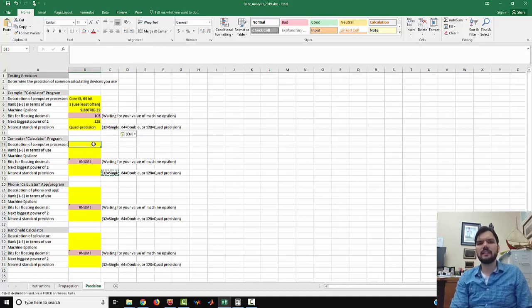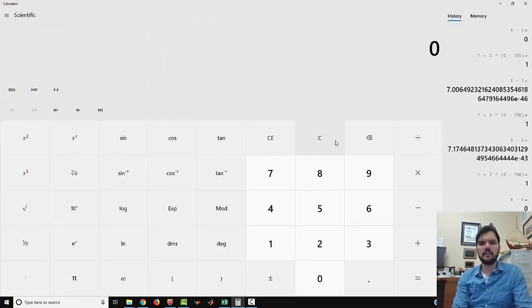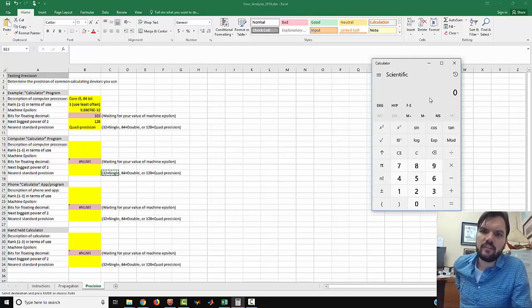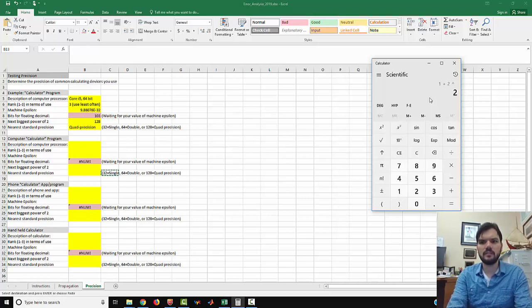Instead of just plugging in arbitrary values, let's try powers of 2. So let me pull up a calculator here. I use a scientific calculator so I have easy access to the caret button to do powers. I'm going to start with 1 plus 2 to the, now let's jump ahead a little bit.